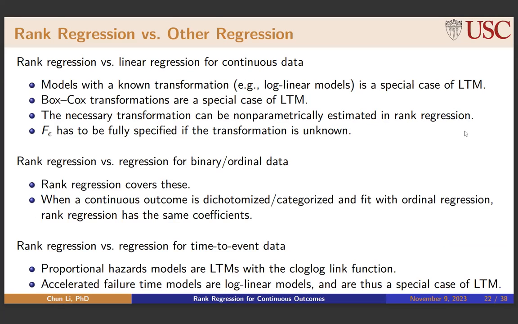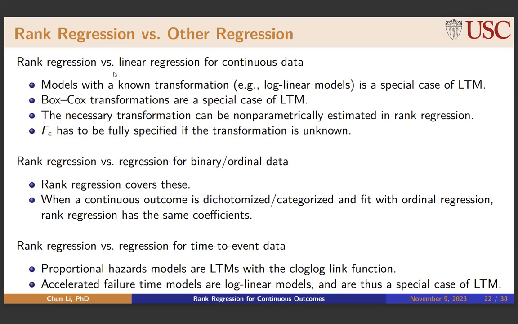All right. So as I said earlier, rank regression, even though we focus on continuous outcomes, is really for any possible orderable outcomes. For example, here's the comparison between rank regression versus linear regression versus ordinal regression and versus regression for survival data.